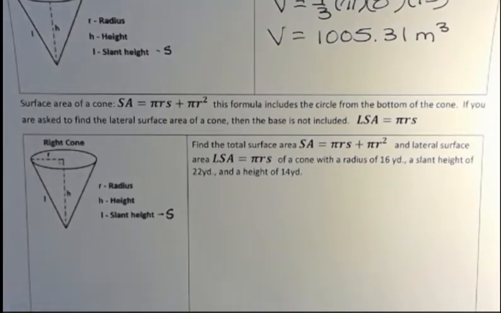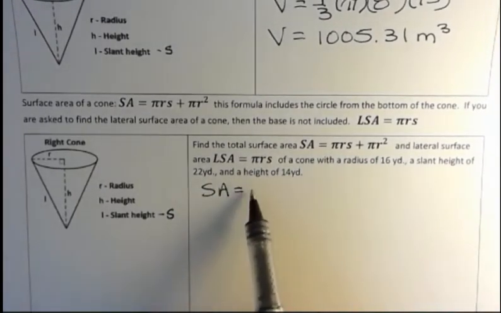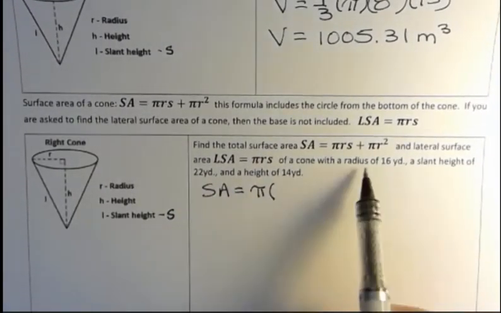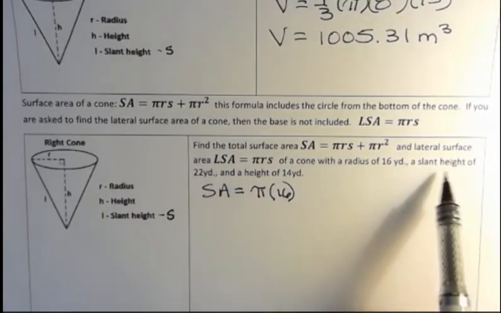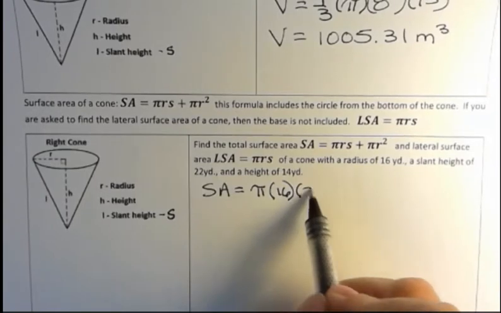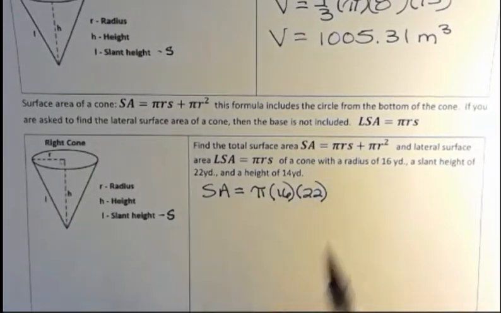Find the total surface area and the lateral surface area of a cone with a radius of 16 yards, a slant height of 22 yards, and a height of 14 yards. I want to find surface area, so I need pi times the radius, which was given, times the slant height, which was given as 22.